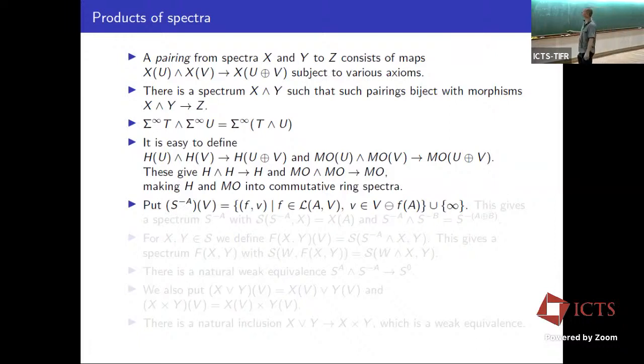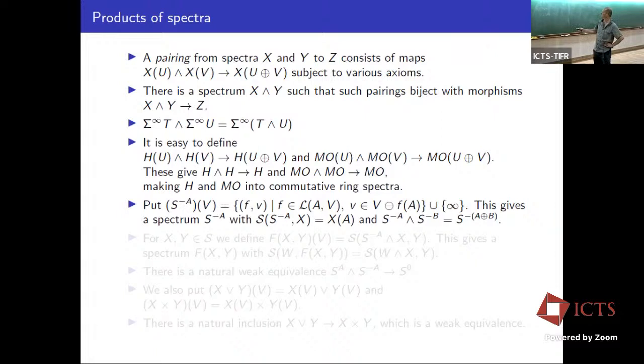You can check that this gives you an orthogonal spectrum, and it represents an obvious functor. I mean, you can check that morphisms of orthogonal spectra from S to the minus A to X just biject with the space X(A). And also, this is nicely compatible with the smash product.